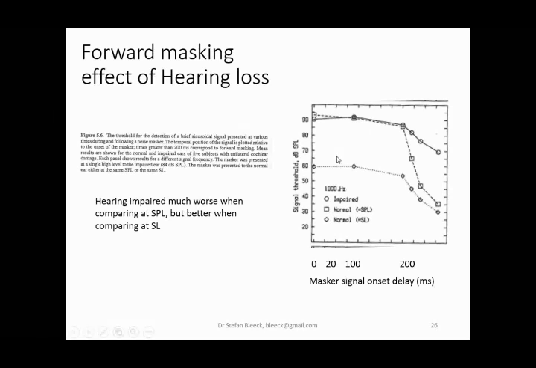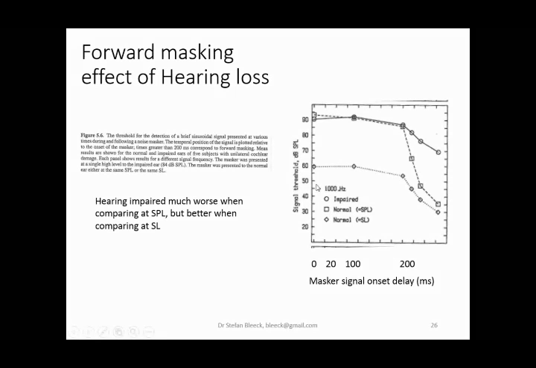I think only a small number, 4 or 5. So what you see is that the normal ear shows this normal forward masking curve. So you've got the prediction of when you hear the threshold during the tone, and then after the tone you've got this decaying. So the bigger the gap becomes, the easier it is to detect the tone.